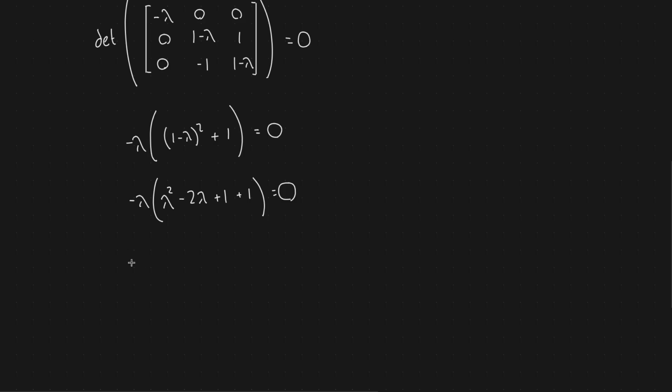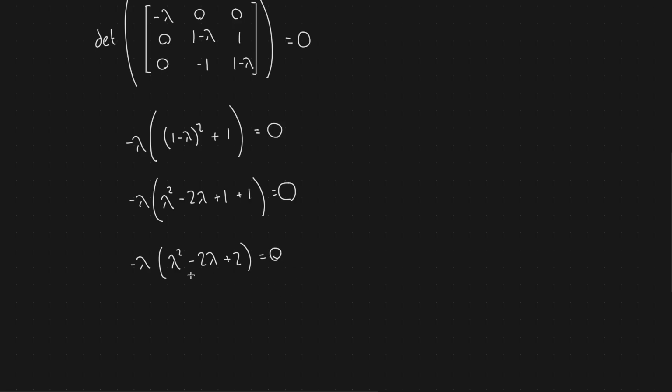Okay, so I'm going to leave the negative lambda out. If I FOIL 1 minus lambda squared, multiply it out, I get lambda squared minus 2 lambda plus 1. And then I've got an extra plus 1 here. Okay.